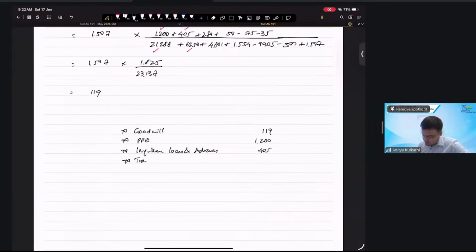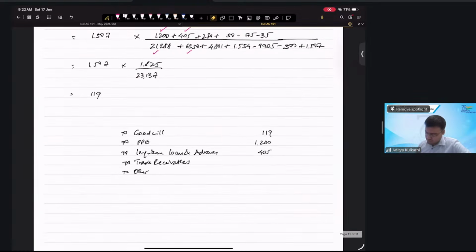To trade receivables, 280. Other current assets, 50.